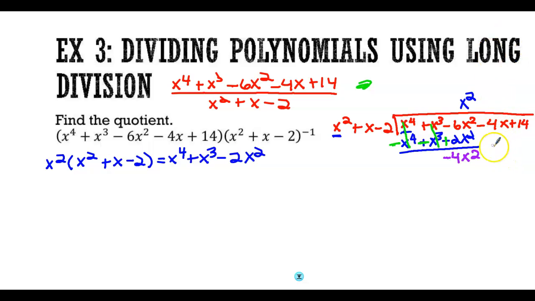So what I'm going to do is go ahead and bring down my next terms: minus 4x plus 14. I just brought down the rest because I have a trinomial and there's only 3 terms left.